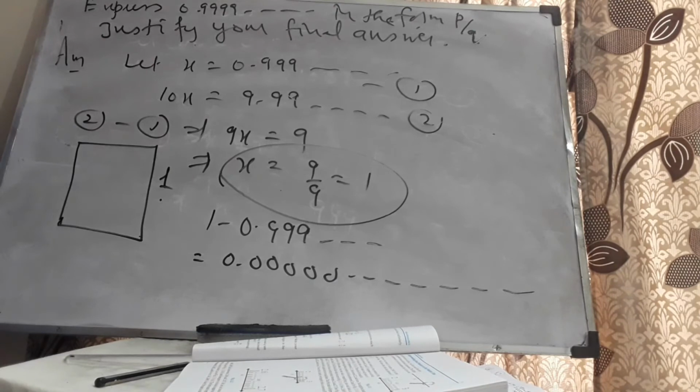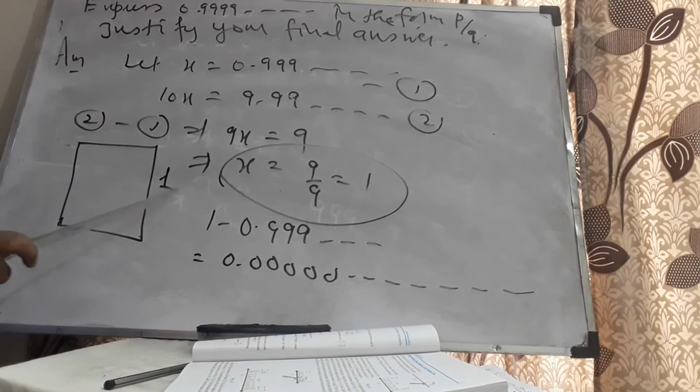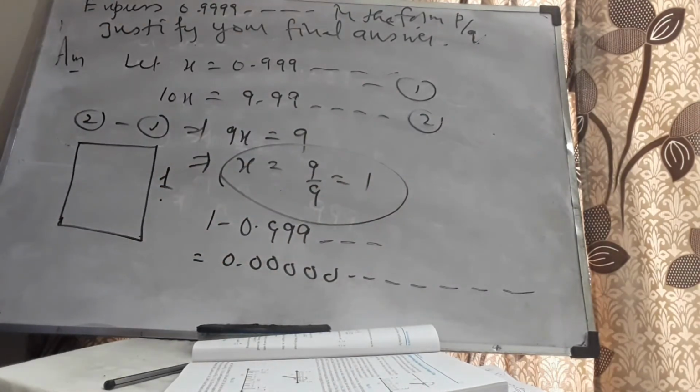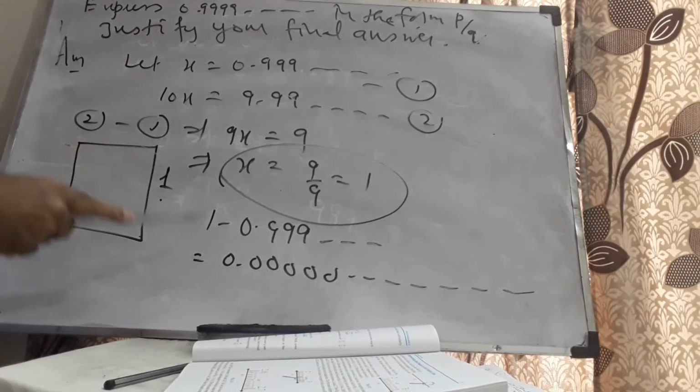I repeat, the difference between 1 and this value is point nought going up to infinity, and you may get 1 somewhere else. Therefore, if you express that quantity in this sheet of paper, it is a very tiny sheet which we may not be able to look at with our normal eyes. You may need a microscope to see that paper. Therefore, removing that portion from this makes no difference to the sheet of paper. Therefore, this sheet of paper is as equal as this value. Therefore, 1 is as equal as this.